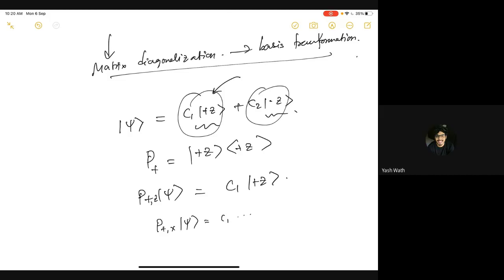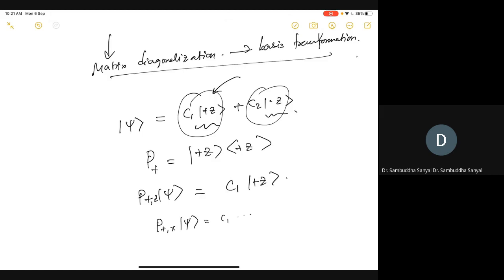But my question is, forget about the math. If I measure psi in the Z basis, I should get either C1 squared or C2 squared, something like that, right? Yes. And if the measurement is being done one by one, the measurement forces it to go to either plus Z or minus Z, and that choice is random. So where is this choice in the math?